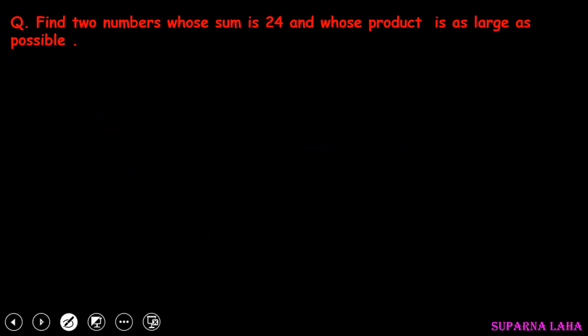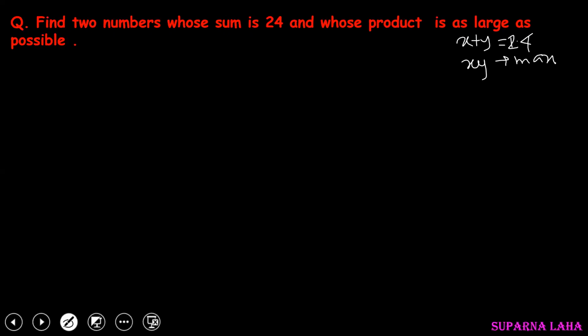So find two numbers whose sum is 24 and whose product is as large as possible. So the sum is given for two numbers. Take x and y, these two numbers, and the sum is given as 24. We need to find the product, that is x into y, is maximum.